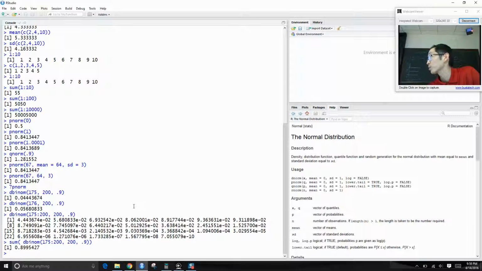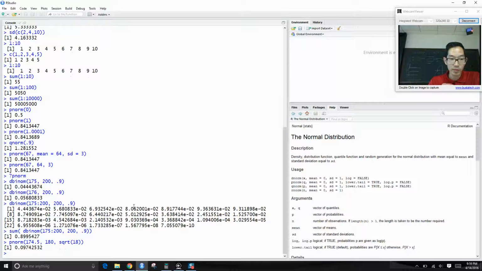That came pretty close to our normal approximation, which was, I think, 0.9032 or something. According to our normal approximation, the cutoff should be at 174.5, the mean is 180, and the standard deviation is the square root of 18.